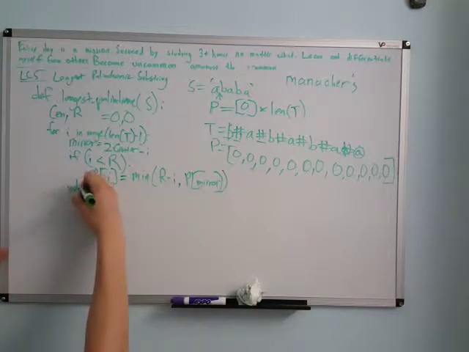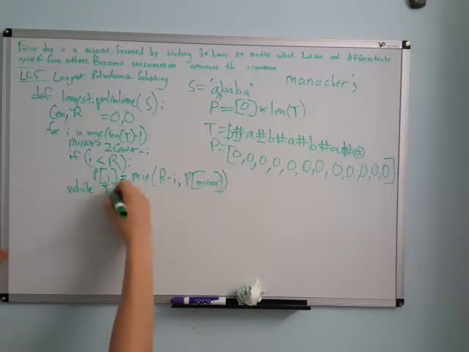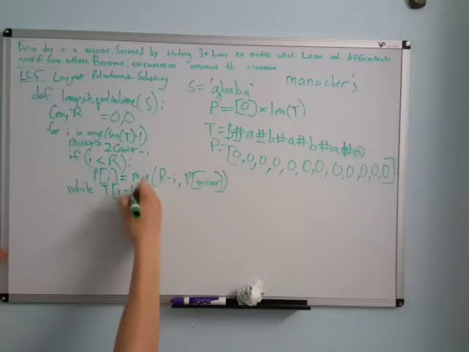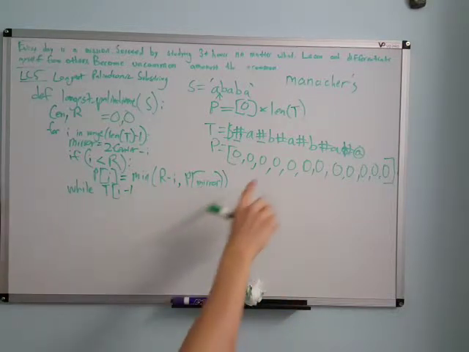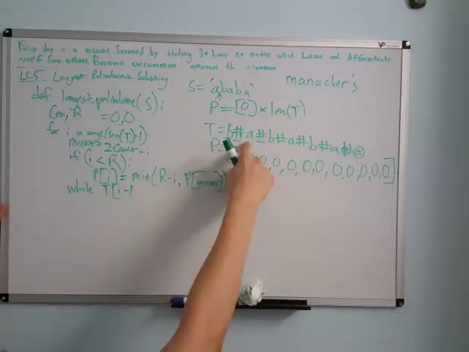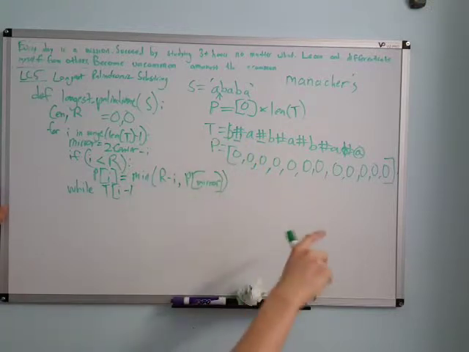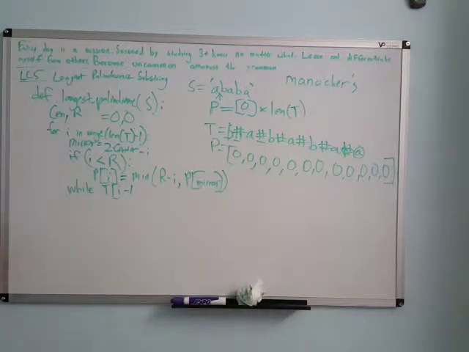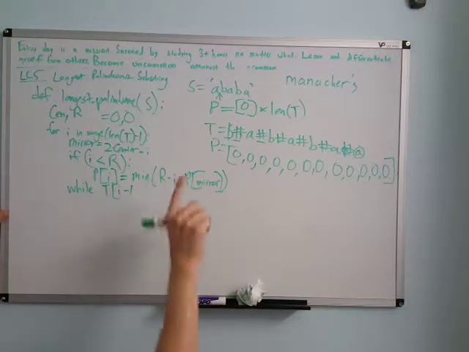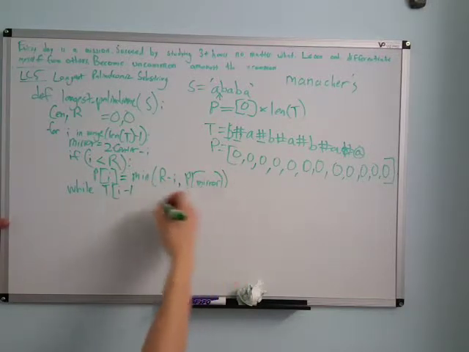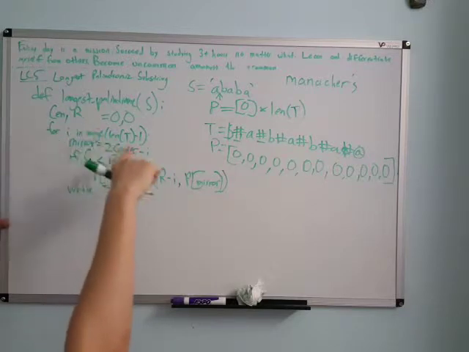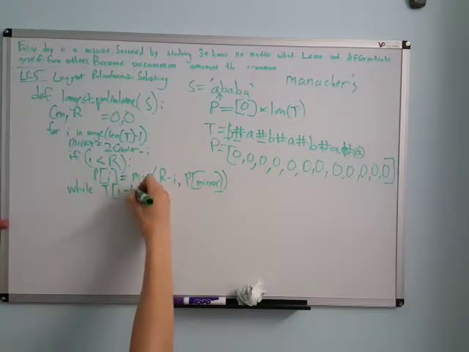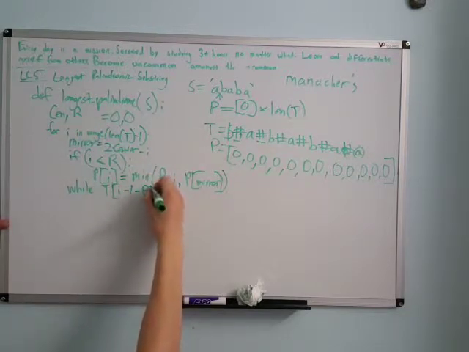Okay, so while T of i minus 1, so we're going to the left, so just pretend we're at this element, index 2. We need to check index 1 and 3, we need to check if they're the same. And we're not going to just use i minus 1, because we can't change i here. So i minus P of i.